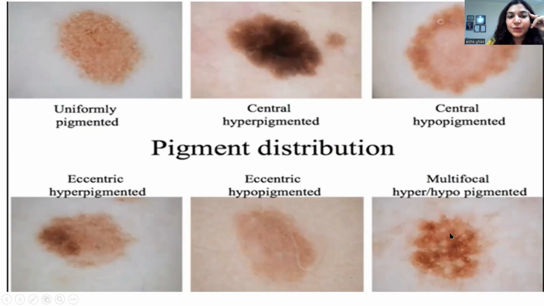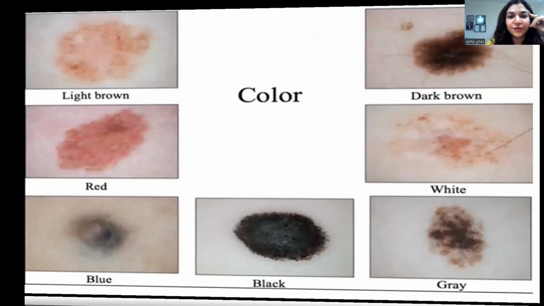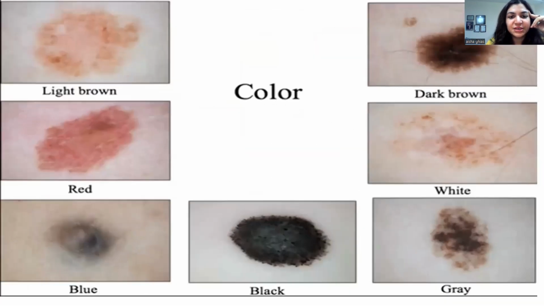So you need to see the morphology of the structures in the nevus and also the distribution of the colors or the pigment. Well, the third type of classification of nevi is depending on the color that you're seeing. Could be light brown, could be red, blue, black, dark brown, white, or gray.